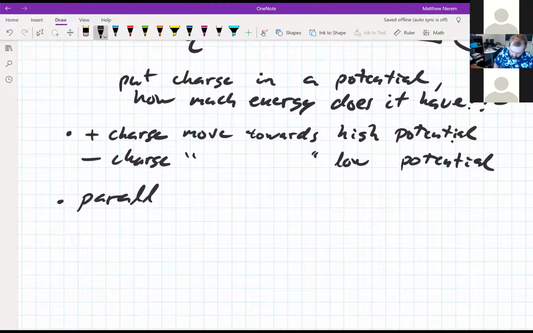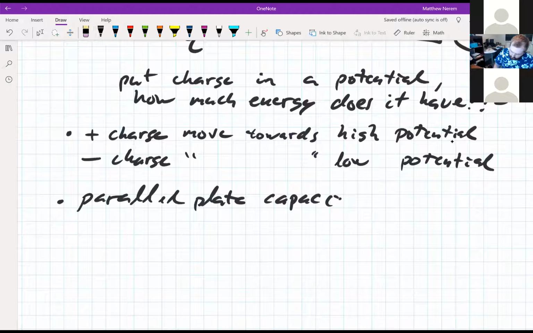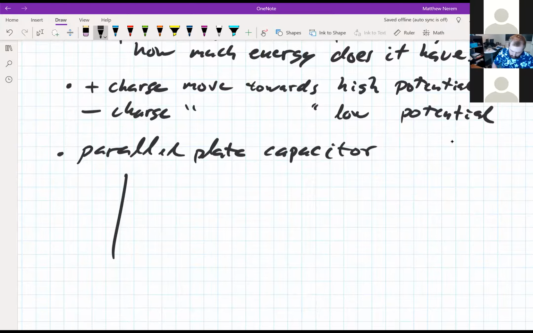The parallel plate capacitor. So we all love this one.